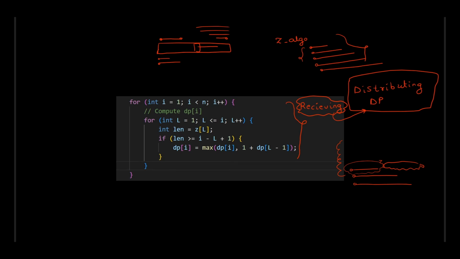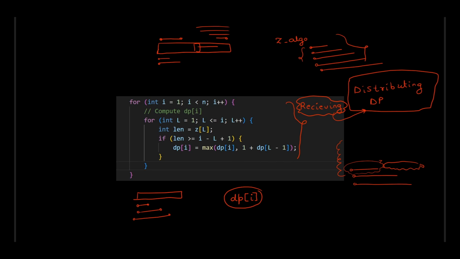Now let me talk about what I mean by receiving DP and distributing DP. If you want to compute the answer of each prefix, this prefix and this prefix and this prefix and so on, you can go to each prefix and figure out how to compute DP of I, which is what we are doing, right?